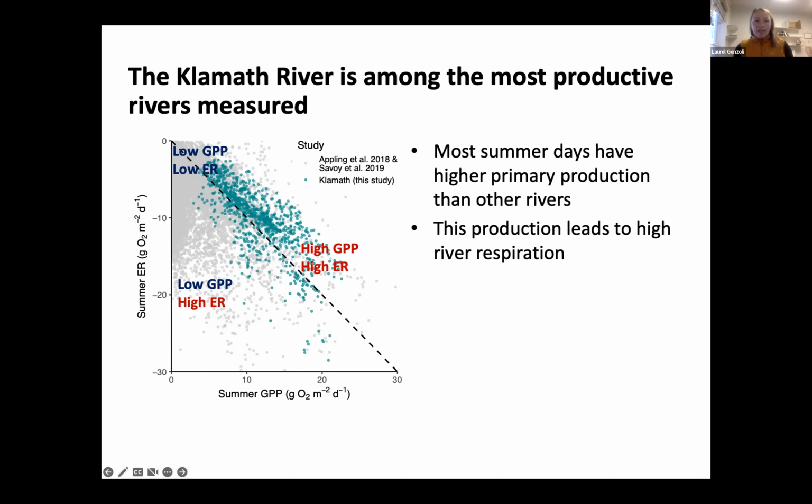And then on the y-axis is respiration. What I want you to notice is that most rivers are falling out in this pretty low gross primary productivity, that's what GPP stands for, zone with a range of ecosystem respiration, or ER. But the Klamath in the summer is almost entirely in this mid to very high range for productivity. Again, just higher than most other rivers that have been measured to date.